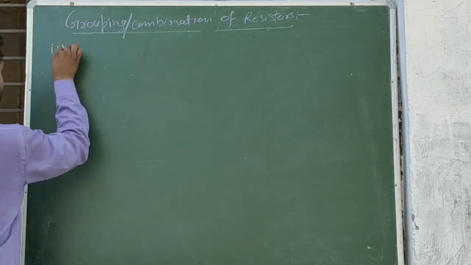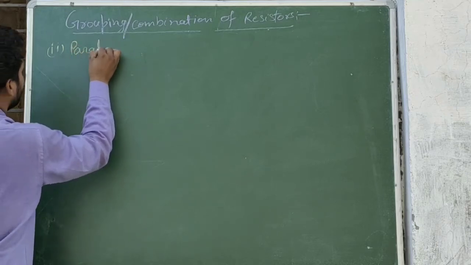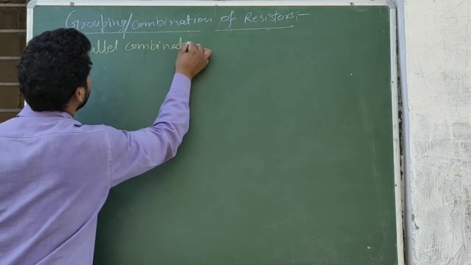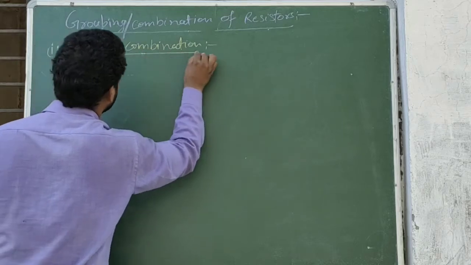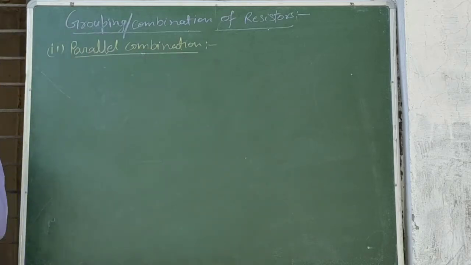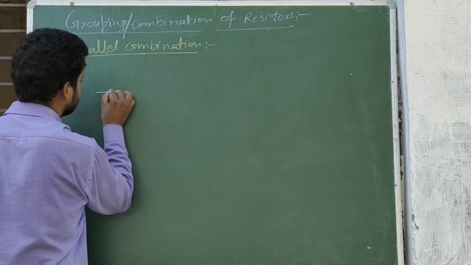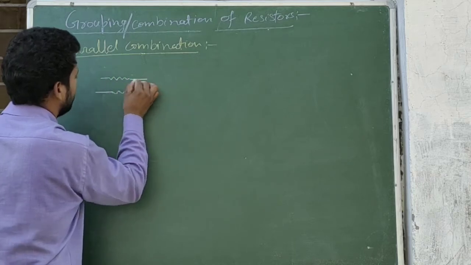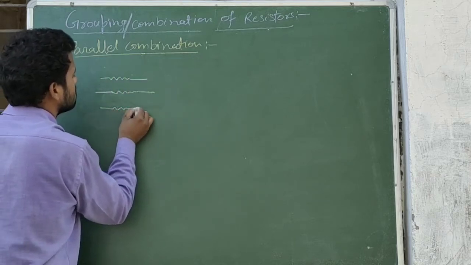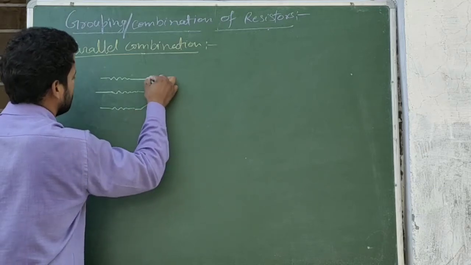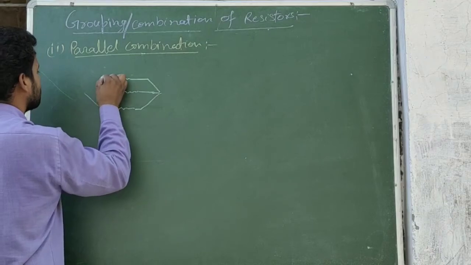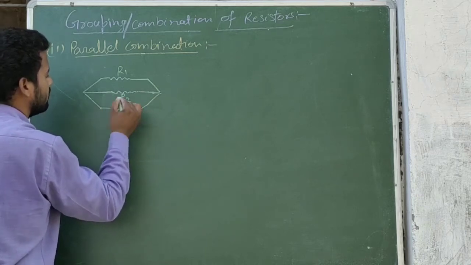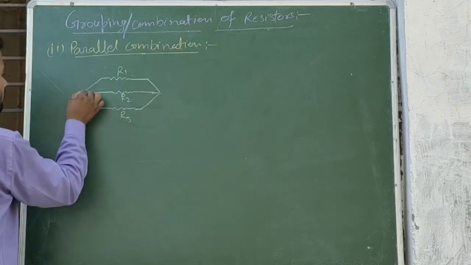Second is parallel combination. Suppose three resistors of resistances R1, R2 and R3 are connected in parallel.